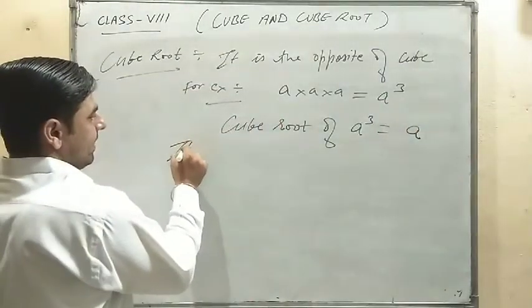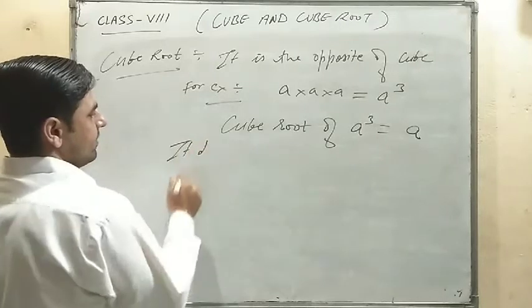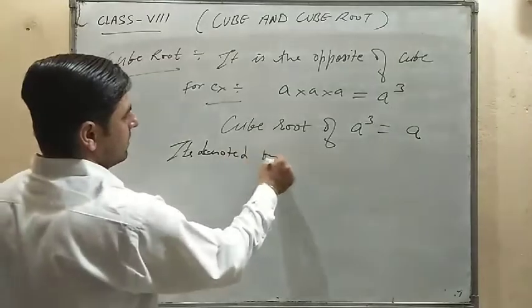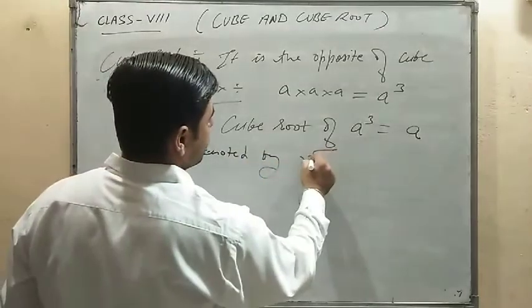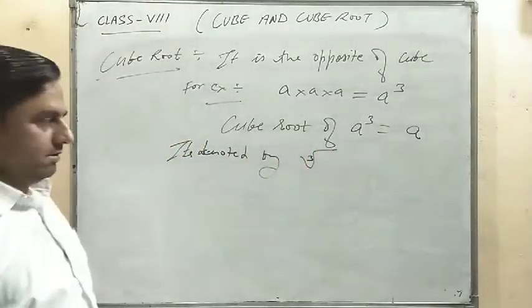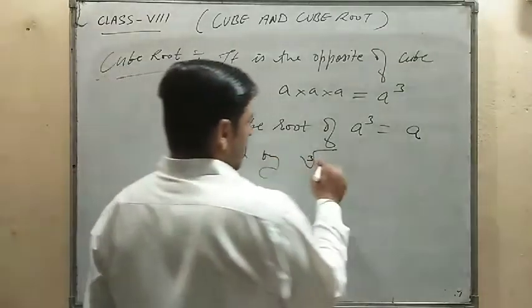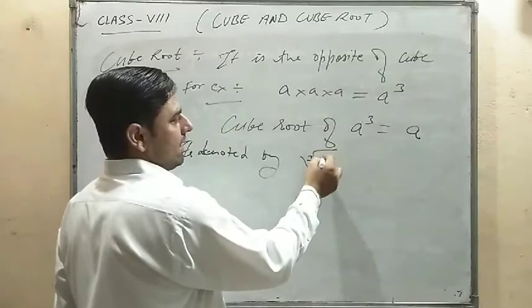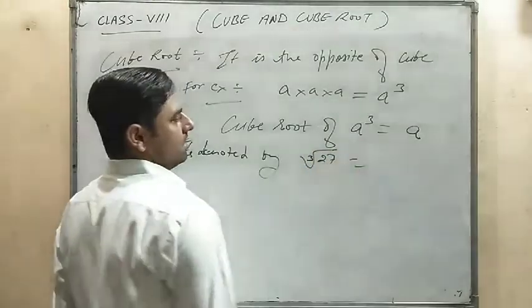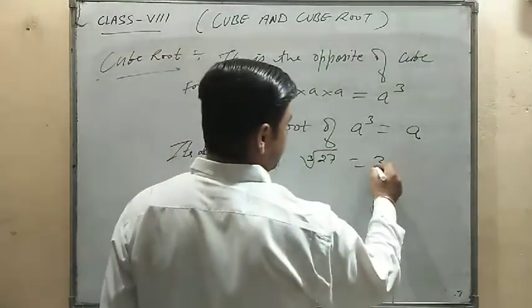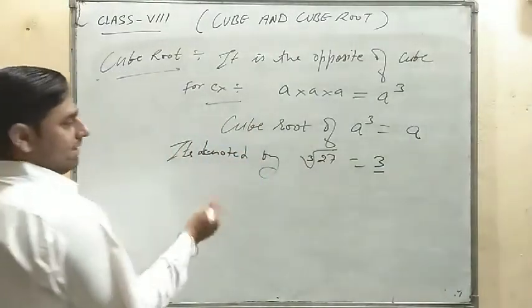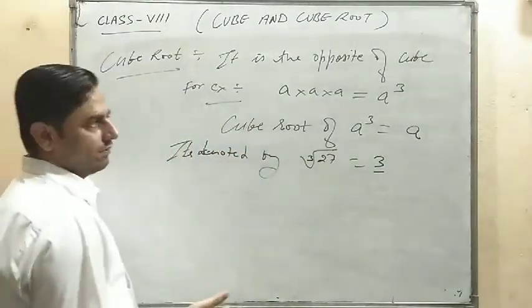It is denoted like this. Okay. So cube root of 27 is 3. You know very well it is the opposite of cube.